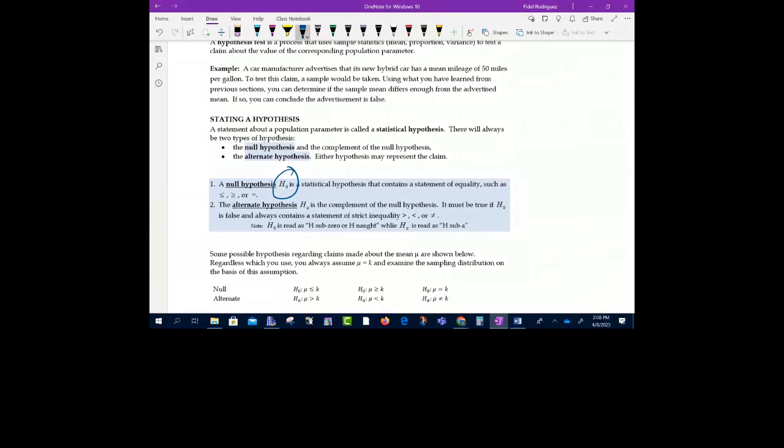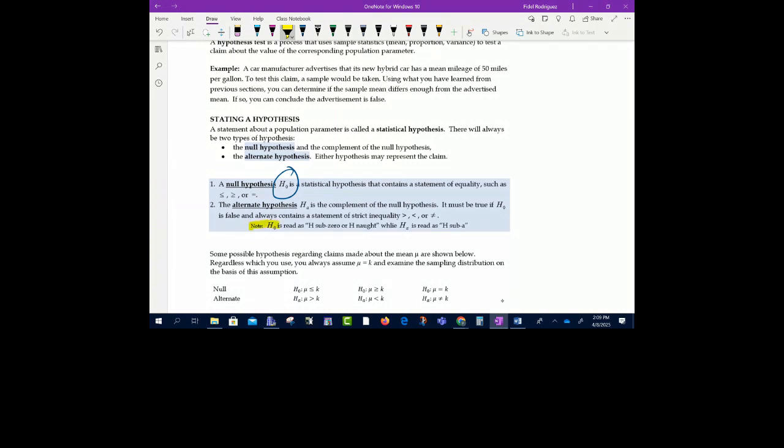The alternate hypothesis is what we call the complement of the null. It must be true if H0 is false and always contains a statement of strict inequality, meaning either bigger than, less than, or not equal to.